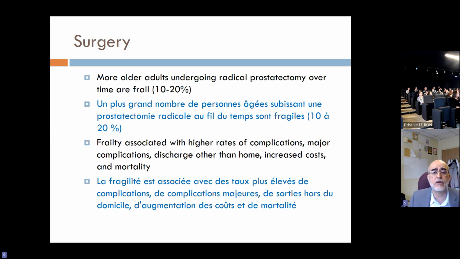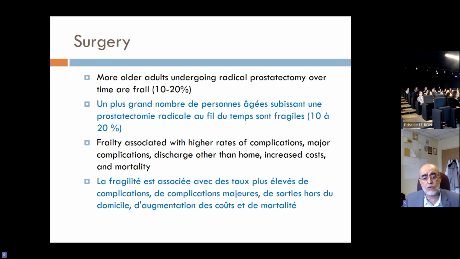What they have found, in summary, is that over time, we are seeing more older adults, age 65 and older, who are undergoing radical prostatectomy who are frail. This is before their surgery. They are detected to be frail, upwards of 10 to 20% in at least one of those studies.